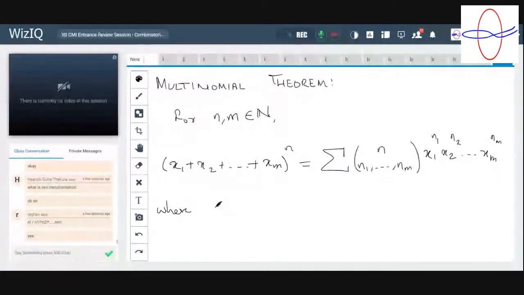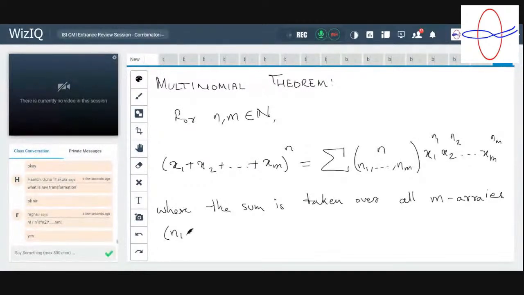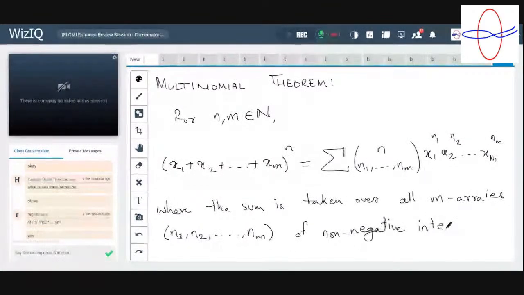So I'll write it down. The sum is taken over all m-tuples, or rather just arrays, (n1, n2, so on till nm) of non-negative integers with their summation equal to n.